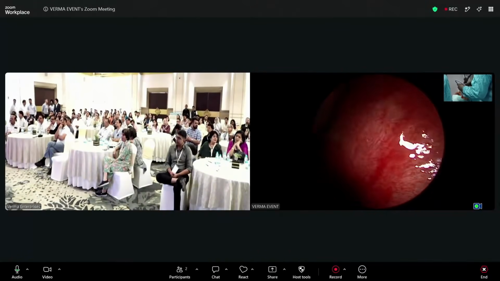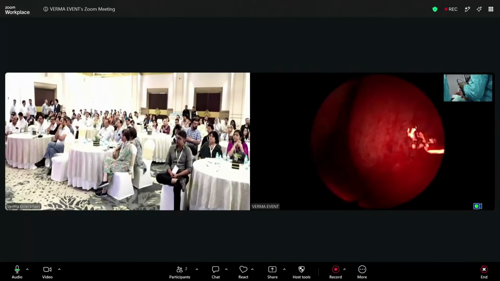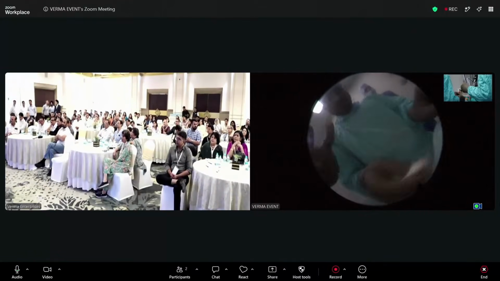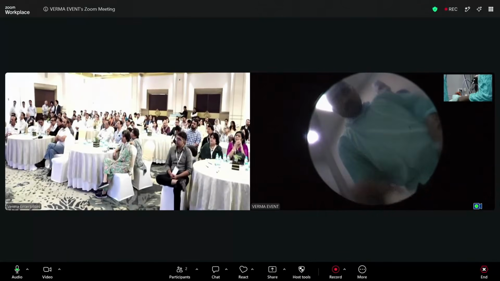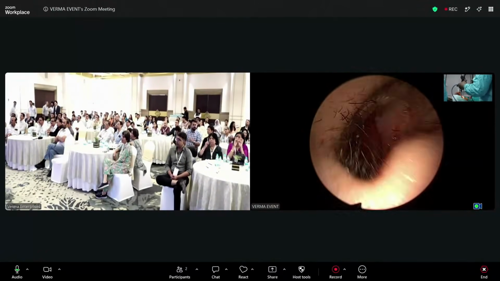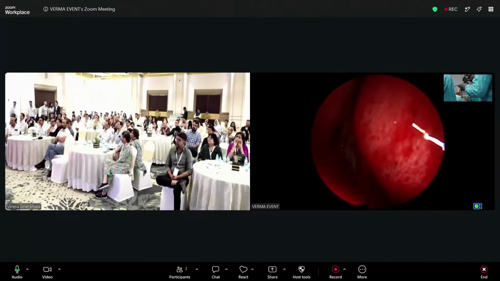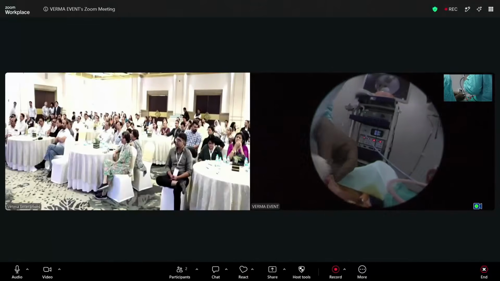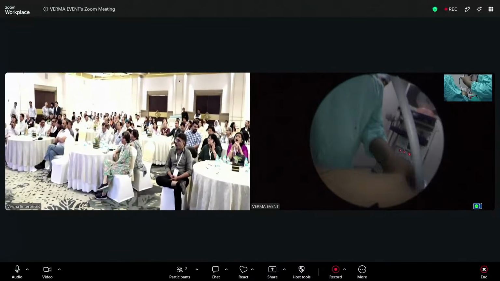And in this situation, see here, without doing anything much, our coagulator has sealed it completely. Something is spoiling the telescope.